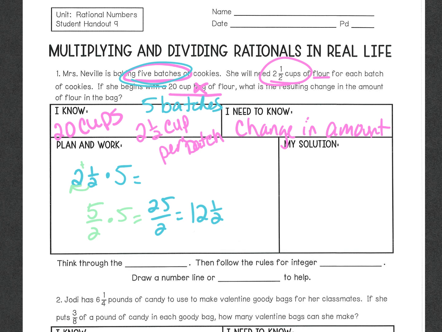It says what's the resultant change in the amount of flour? So negative 12 1/2 cups, because that's what she's going to use from the 20 that she begins with.